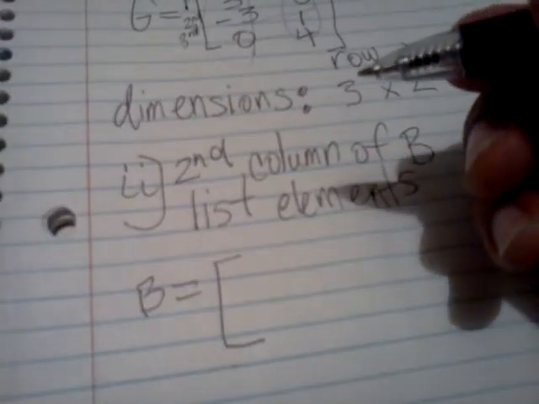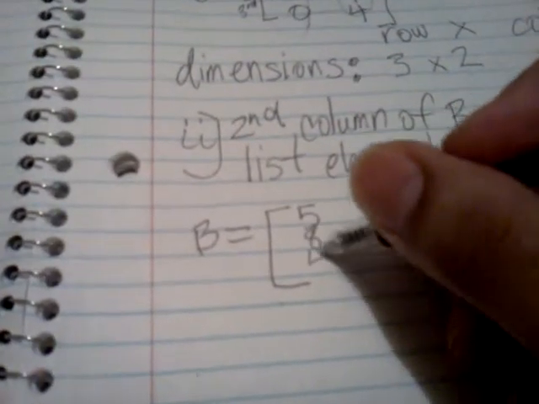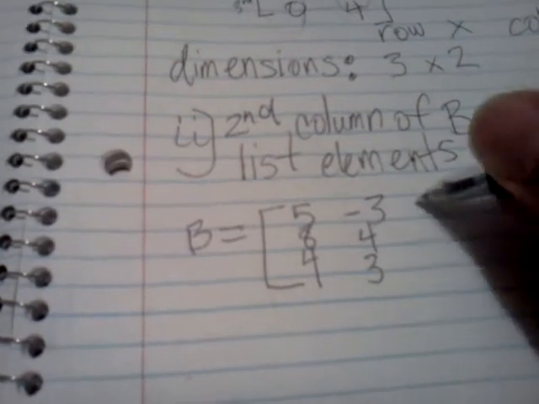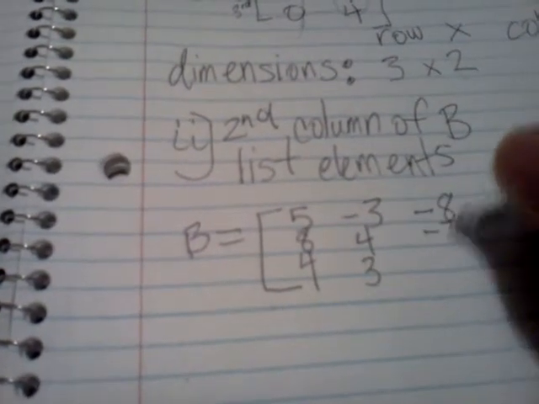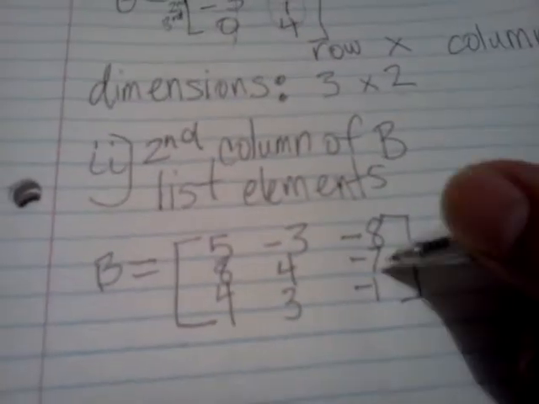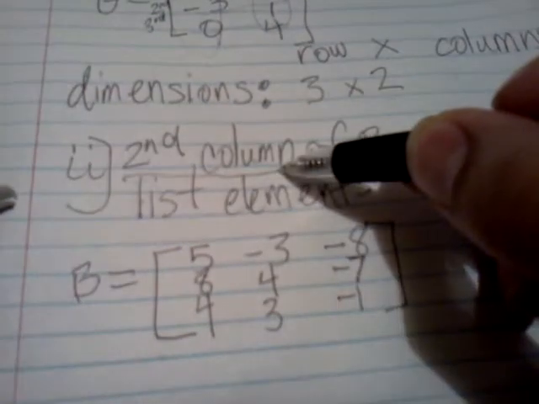So I'm going to write B here again, and B is 5, 8, 4, negative 3, 4, 3, negative 8, 7, negative 1. So go to our second column.